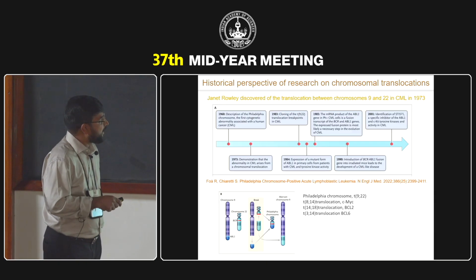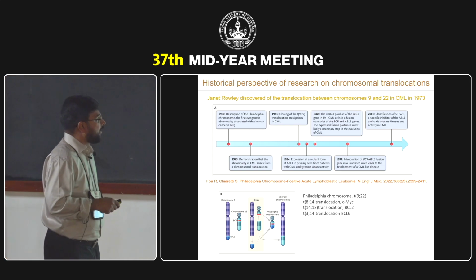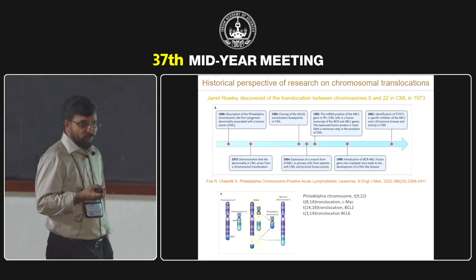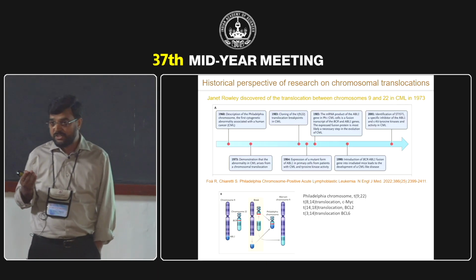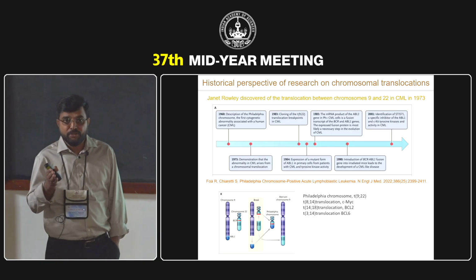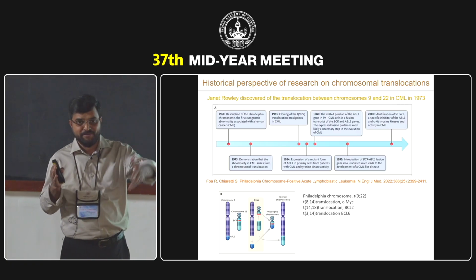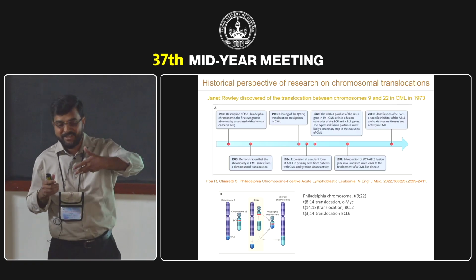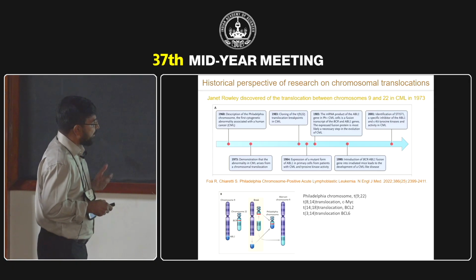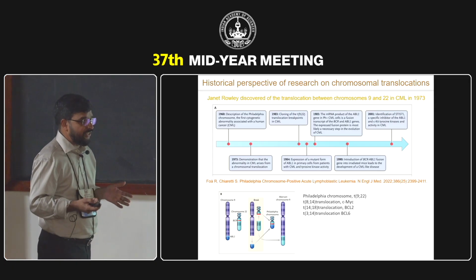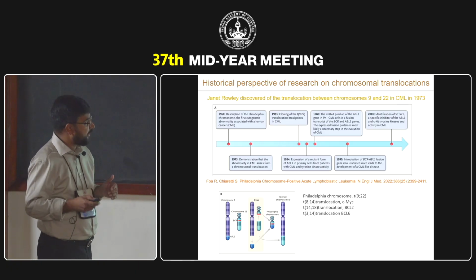And then in the early to mid 80s, people started trying to look at why these chromosomes break and what is so special about it. They were trying to clone and sequence; that was the era when molecular biology started booming. There was so much information generated in the next 10–15 years, sequencing several different translocation breakpoint junctions.